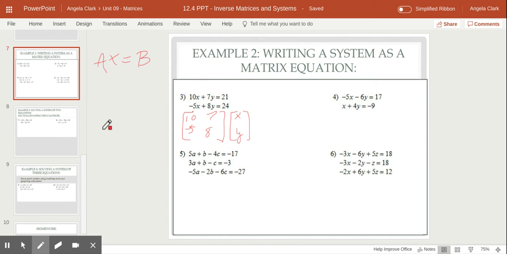the system. Right? And then our constant matrix is just whatever the constant is on the right side of the equation. So this is the matrix equation that represents this system of equations. So doing that again with this one, we're just going to have the coefficients.